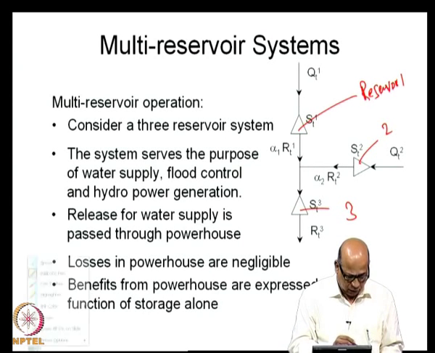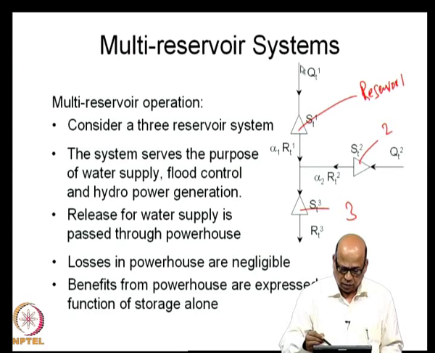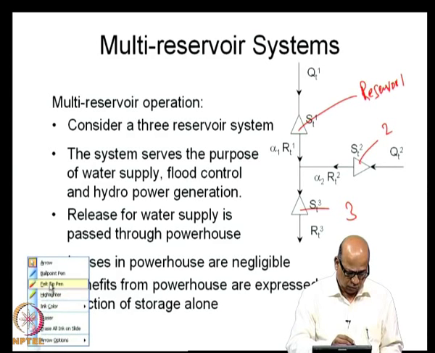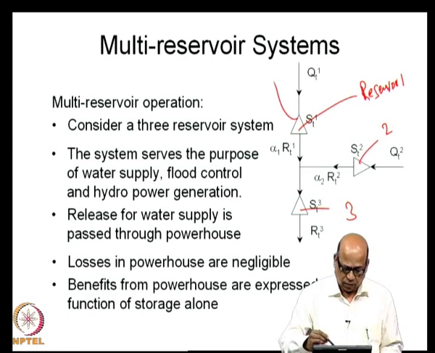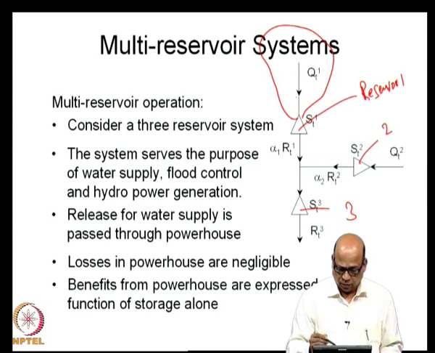Now, we will just understand the continuity, very simple continuity. There is an inflow that is coming and adding to the storage at reservoir 1. This inflow is because of the catchment of this reservoir. Similarly, there is a catchment here that is contributing to this inflow.